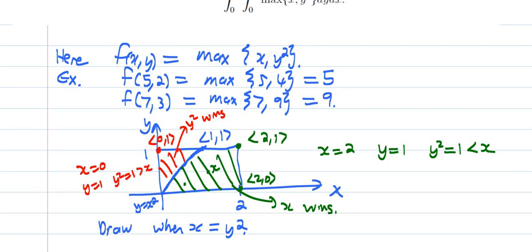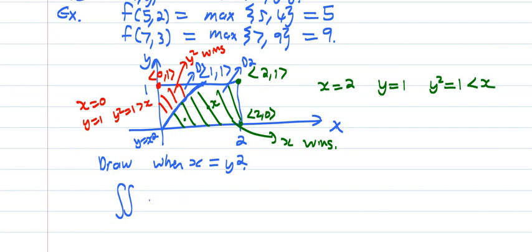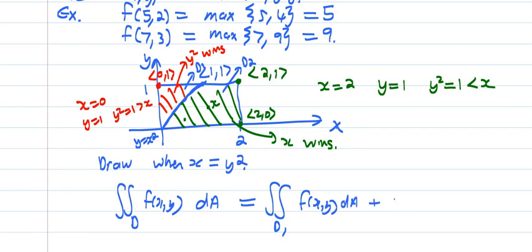And so this is good news, because now we can see, to solve this question, we got to divide the rectangle into two parts. This is part D1 and this is part D2. So we can say that the double integral of the function f over region D, dA, is a double integral over D1 of f dA plus a double integral of f over region D2.